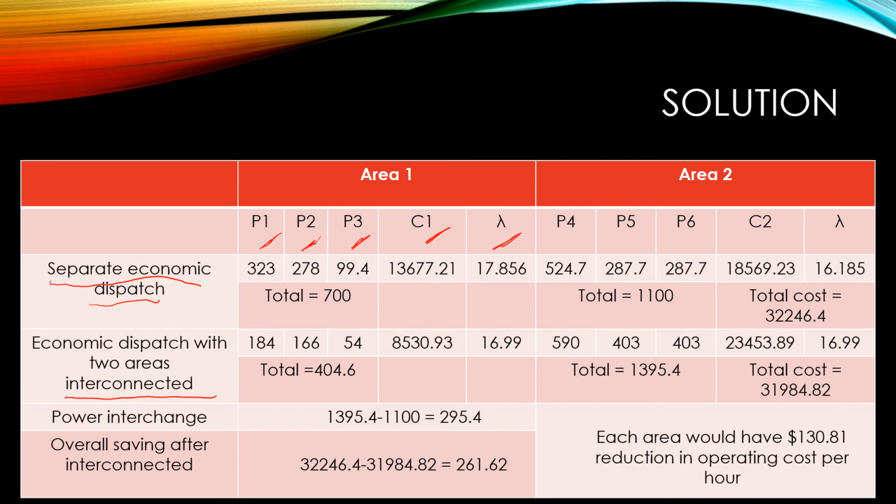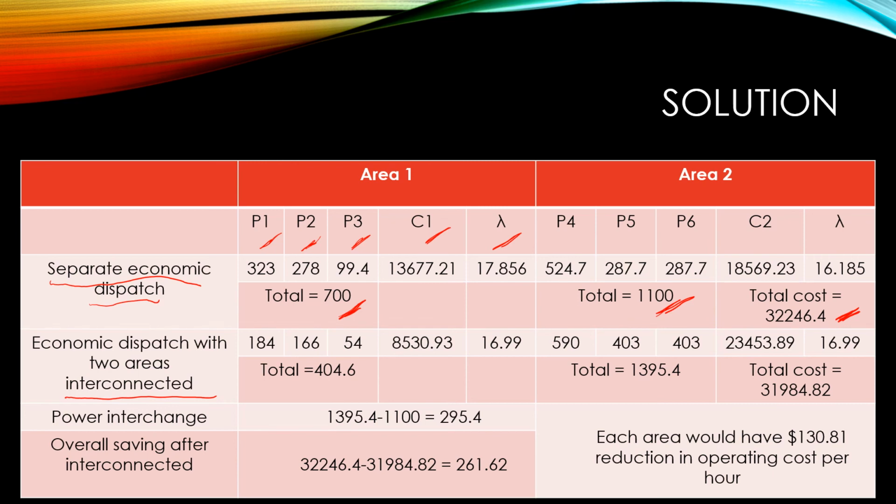The total power generated is 700, here 1100. The total money we spent is $32,246.4 per hour if we operate area 1 and area 2 separately.